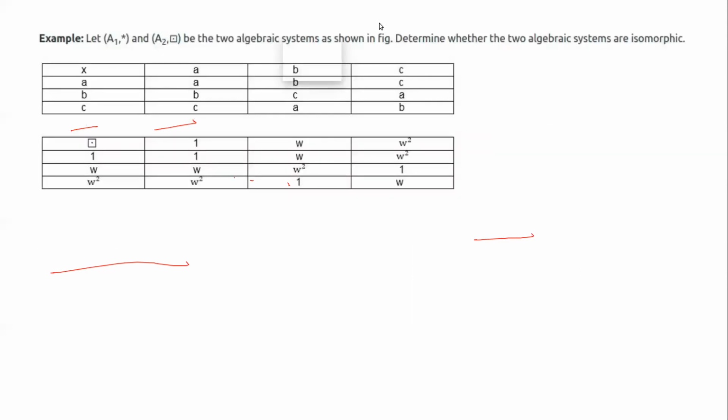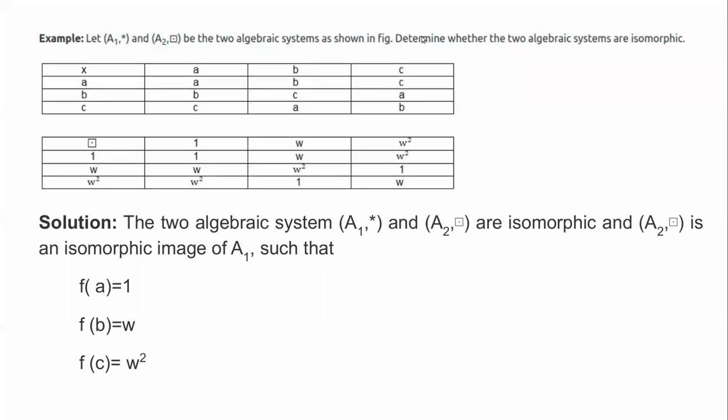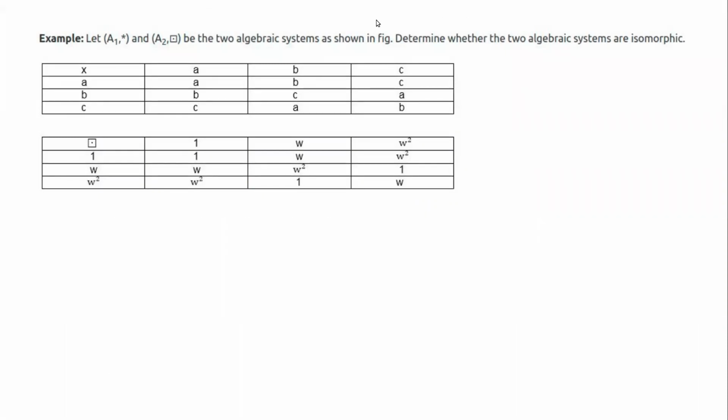Let's see an example of graph isomorphism. There are two functions given. There is this cross and there is this square dot.